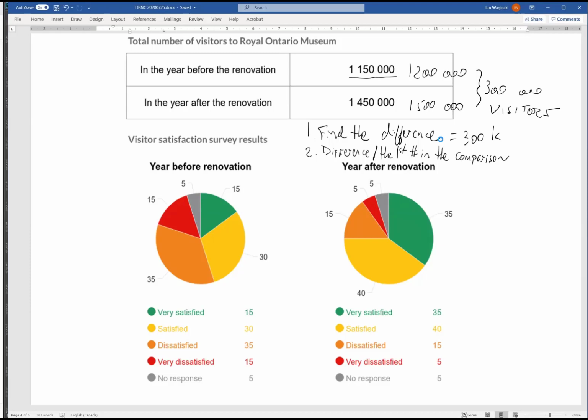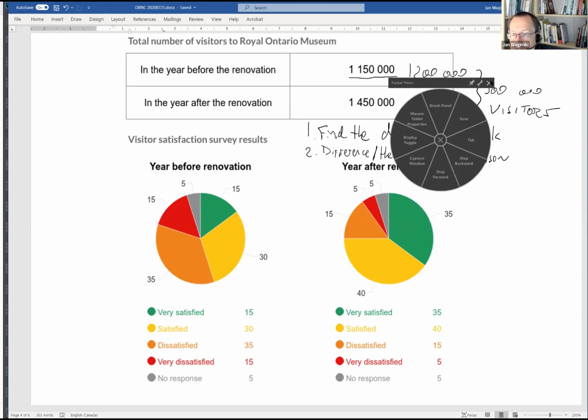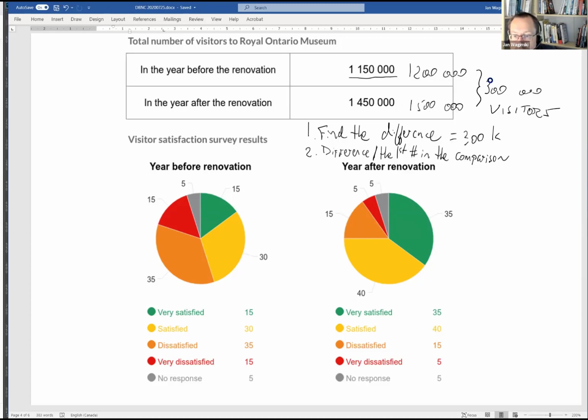I'm not sure how to explain it, but I know it's the smallest one. Because your comparison is going in this direction, right? Yes, in this direction. In the year before the renovation to the year after the renovation, we're not interested in going in the other direction. It wouldn't make sense to make that comparison.